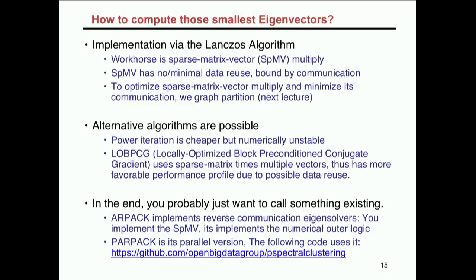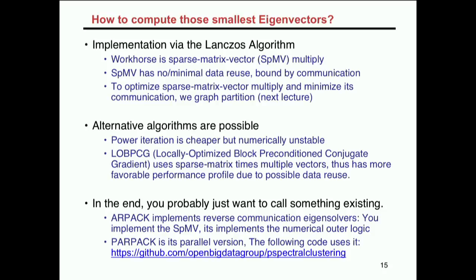But in the end, when you need to implement this, you probably just want to use something existing. ARPACK is one such library. It implements what's called reverse communication, meaning that it implements the numerical logic for the algorithm, and you implement SPMV for it. So now you can do all these tricks about optimizing SPMV. If it's distributed, you can distribute your SPMV the way your data suggests it should be.